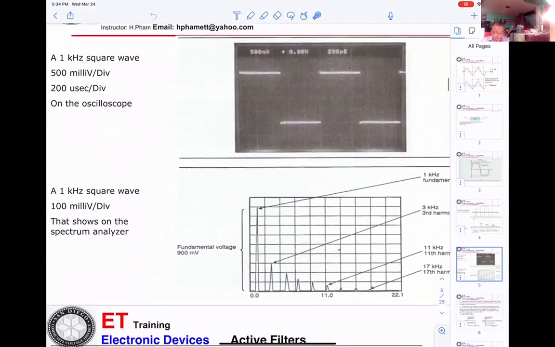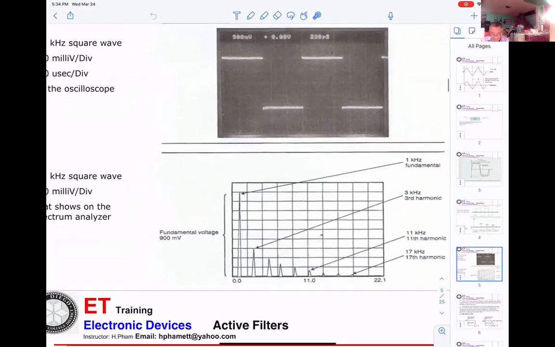Now, this is another display. A 1 kilohertz square wave, 500 millivolts per division, 200 microseconds per division on the oscilloscope. Then they also give you the signal displayed on the spectrum analyzer. 1 kilohertz fundamental, with a fundamental voltage of 900 millivolts, and for 8 different harmonics they tell you the value.